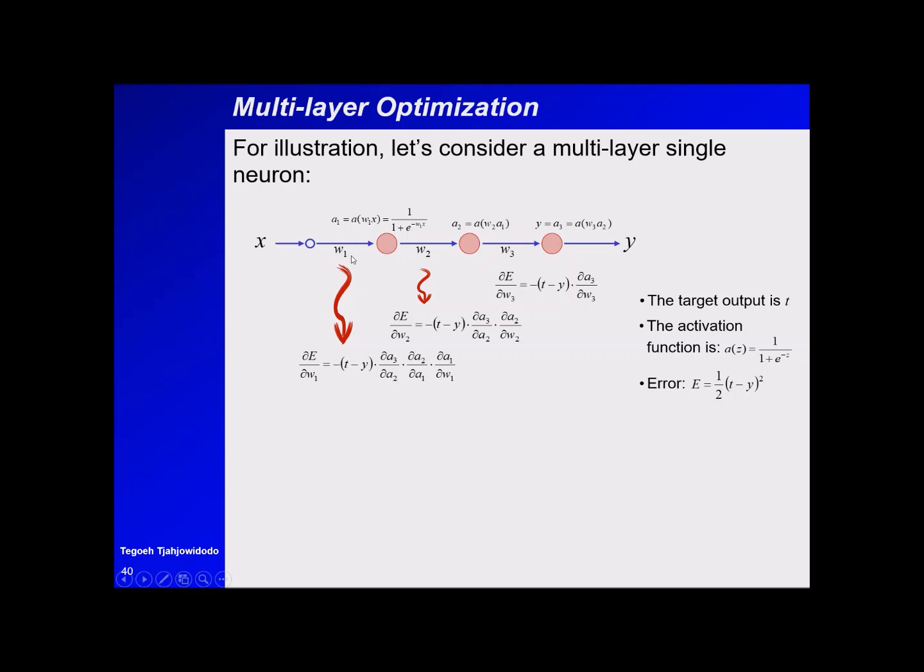So using chain rule, we can also find the first derivative of E with respect to W1 to update our W1. The nice thing, if you look at this, for W1, the first 1, 2 terms are equal to this term also.